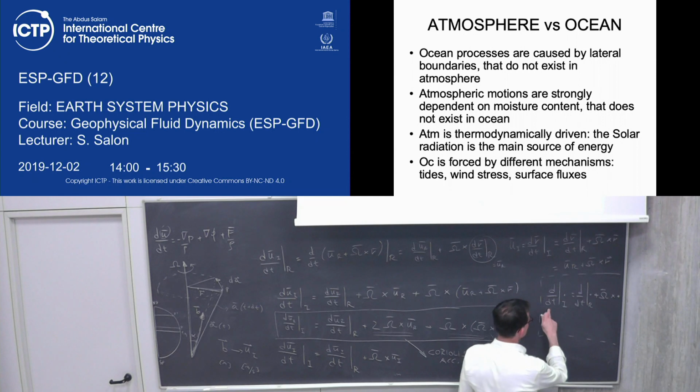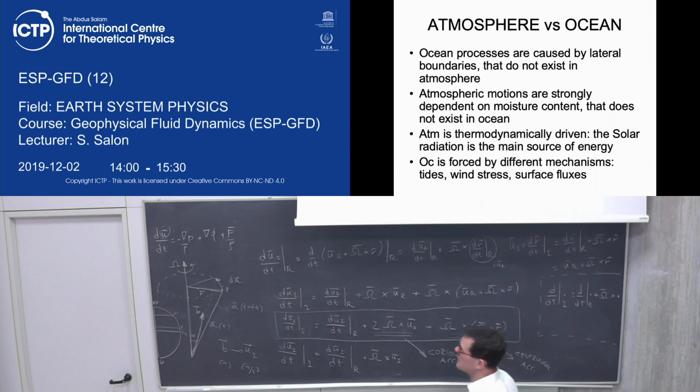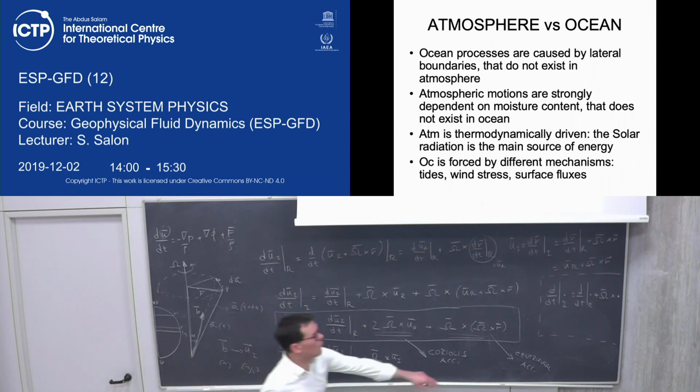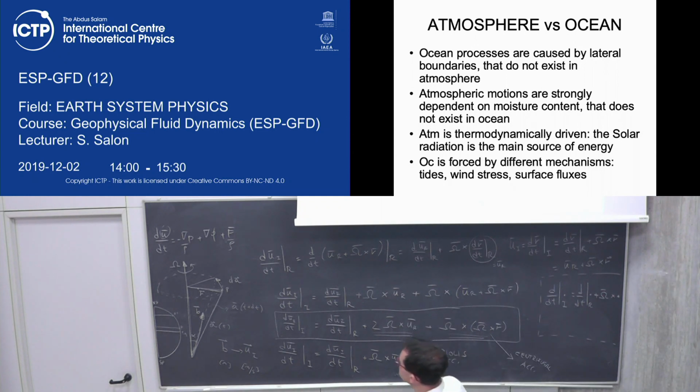So always the time derivative is equal to the same time derivative plus the vectorial product with the ambient rotation rate. Of course, when omega is equal to 0, we come back to the usual, dt is equal to dt, which is absolute.